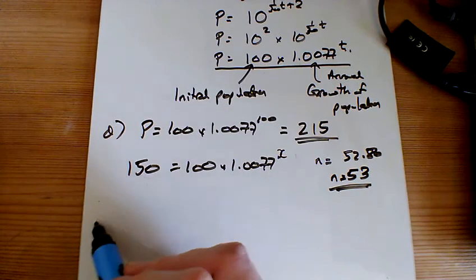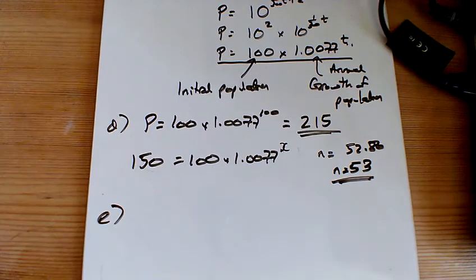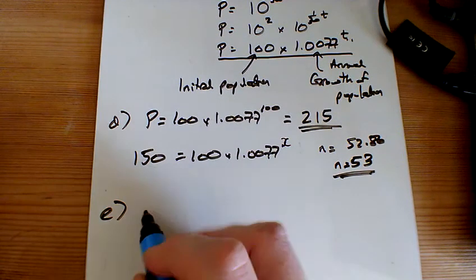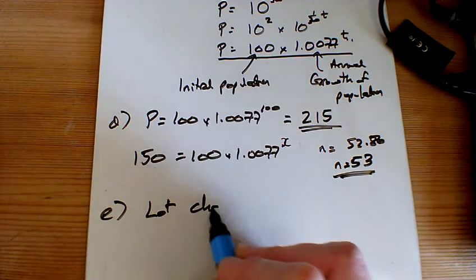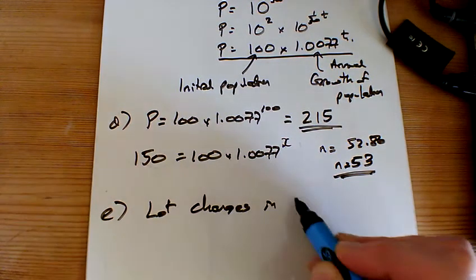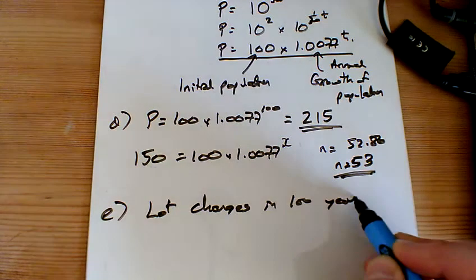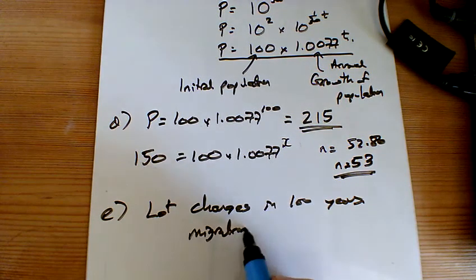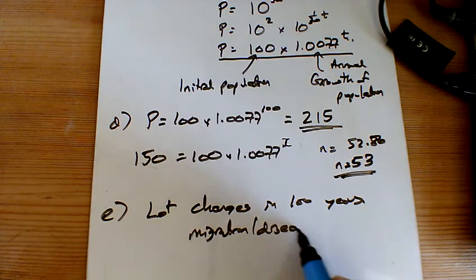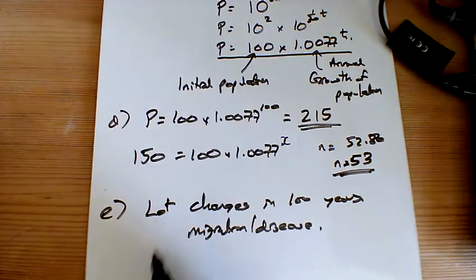But these models are notoriously bad. Why with the population? 100 years, lot changes in 100 years. So we could have migration, disease, and then even just small changes.